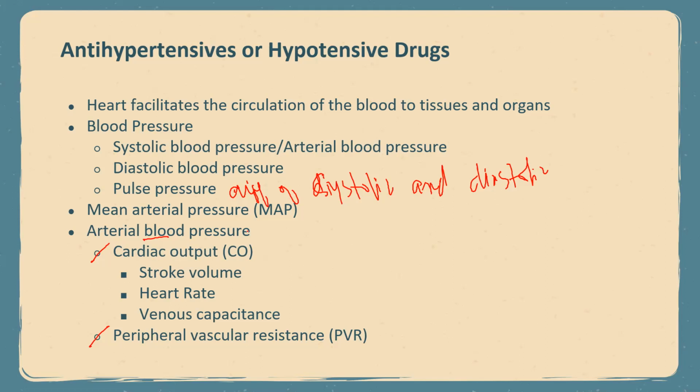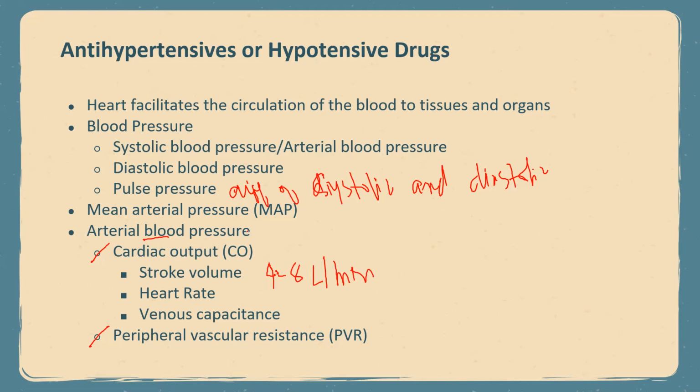When we say stroke volume, that's the volume of the blood ejected in a single contraction of the left ventricle. Okay? And the cardiac output is usually indicated in liters per minute, an average of 4 to 8 liters per minute. How about the heart rate?